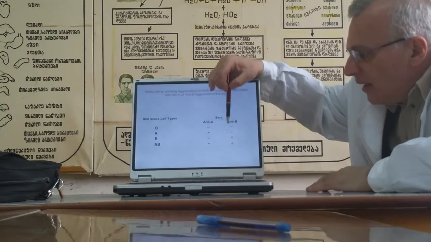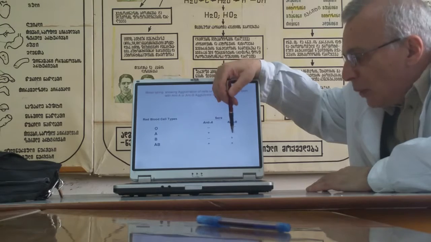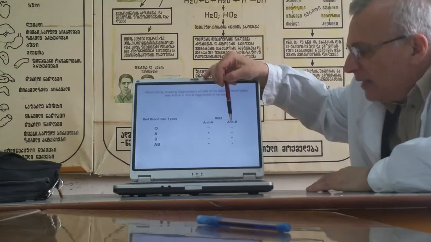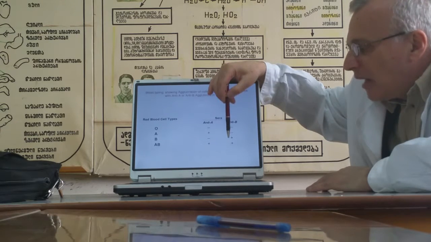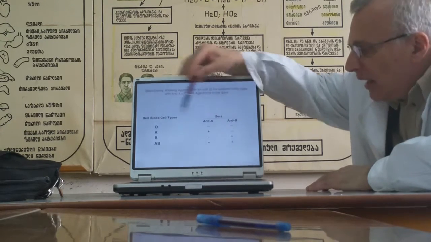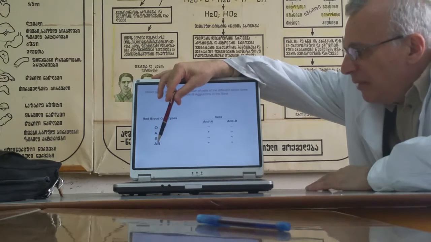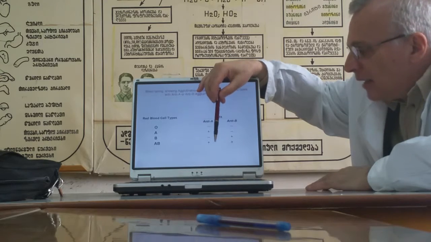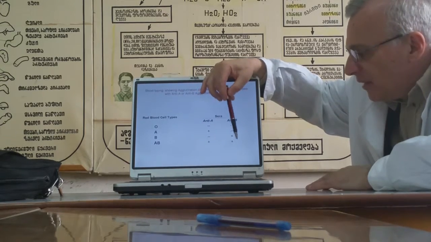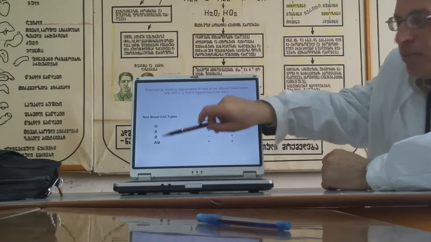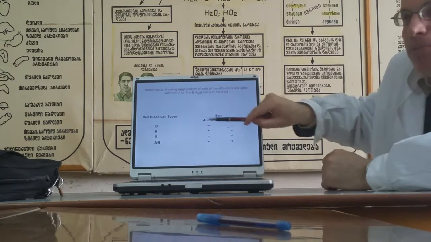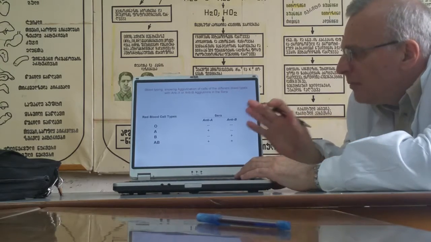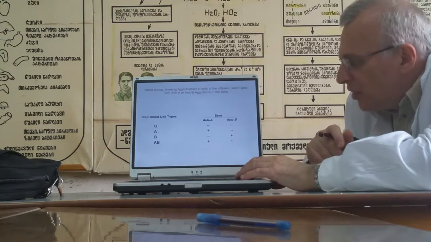When it's just B, no. Conversely, when B meets anti-B, we again have agglutination. Last, when we transfuse AB, there is much more agglutination, because both agglutinogens meet both agglutinins in the sera. So this process is agglutination.